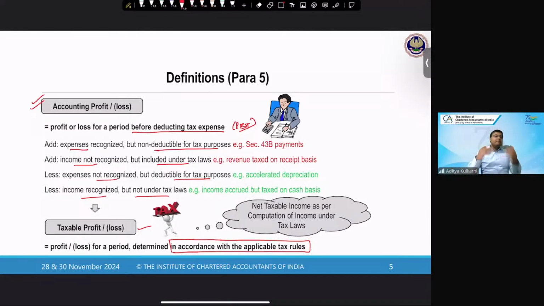Now let me be very clear. Ind AS 12 only talks about accounting for taxes on income. So you may find certain questions and examples which will strictly not be in line with the Income Tax Act, 1961. In spite of that, please follow what the question has said. What is the source of Ind AS 12? IAS 12, an international standard. These standards give the principles for accounting.